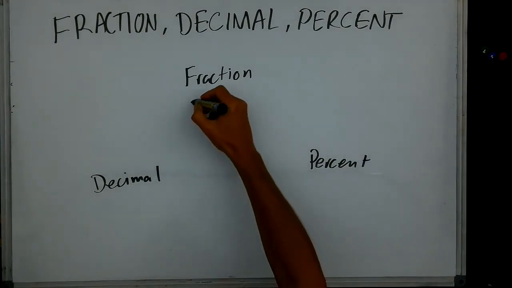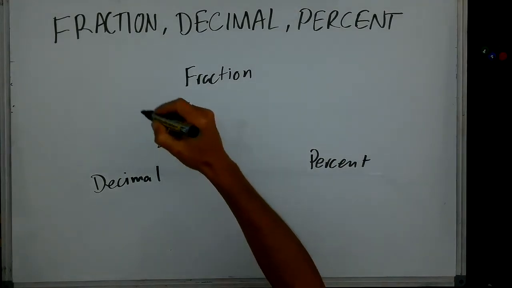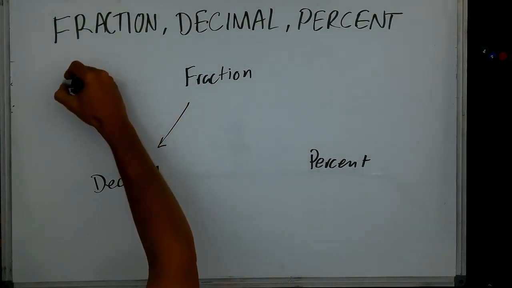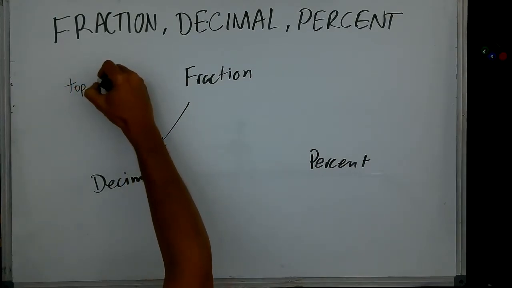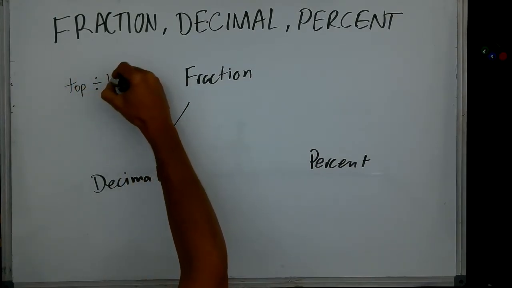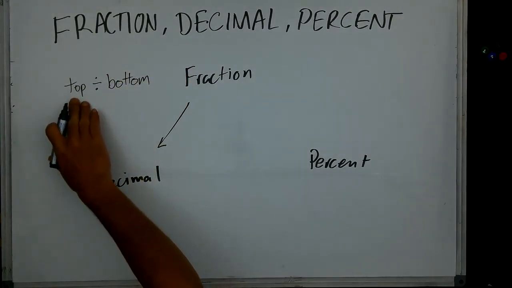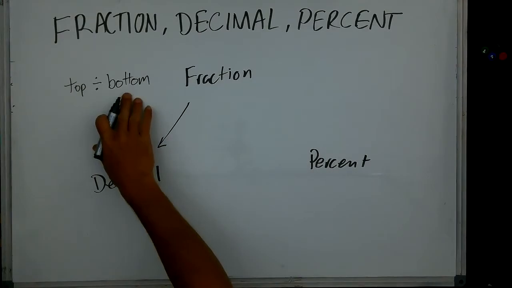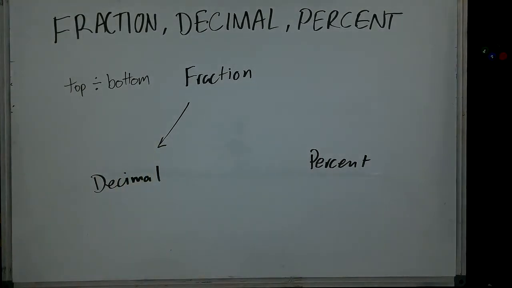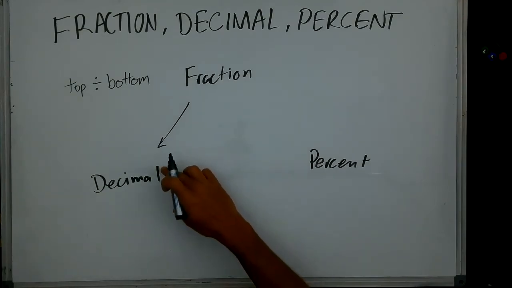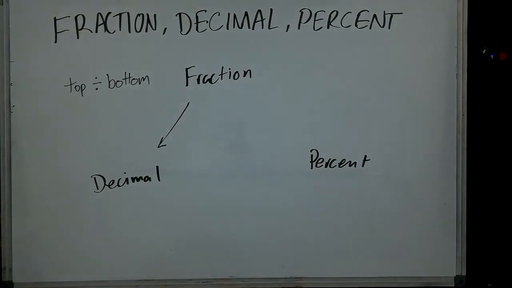So first of all, fraction to decimal. And we said top divided by bottom. That's numerator, denominator. Let's call them the top number and the bottom number. Go from decimal to fraction.